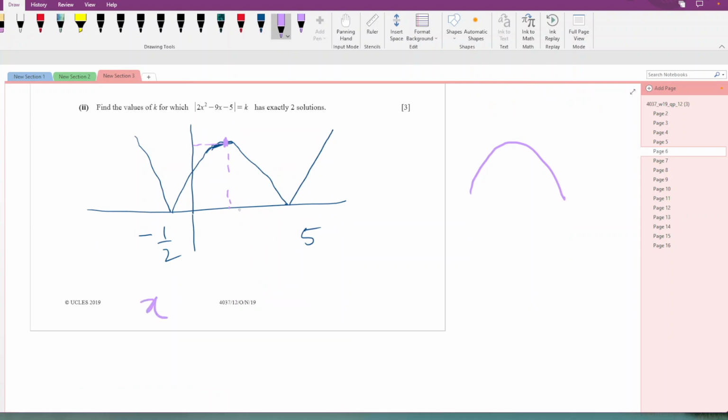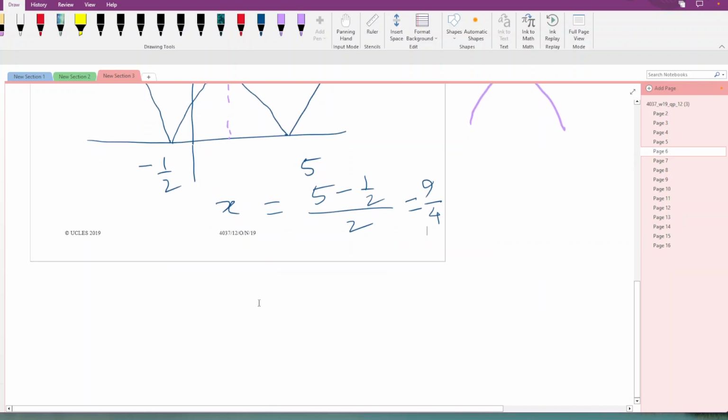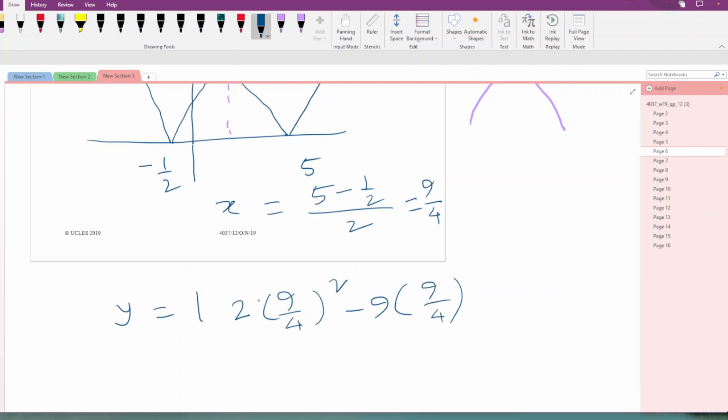Therefore the x coordinate of the stationary point is (5 plus minus half) by 2, which gives 9/4. Then the y coordinate of the stationary point is the modulus of 2 into (9/4) squared minus 9 into 9/4 minus 5.